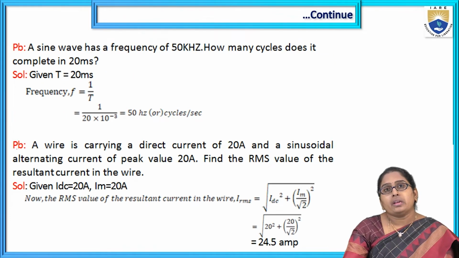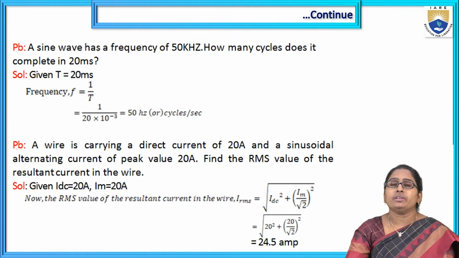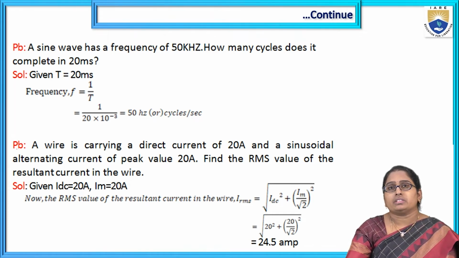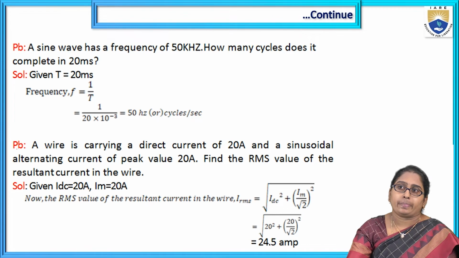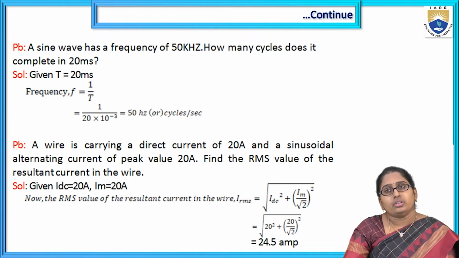Next problem. A sine wave has a frequency of 50 kilohertz. How many cycles does it complete in 20 milliseconds? Given the sine wave frequency of 50 kilohertz, they want to know how many cycles it completes in that particular 20 milliseconds.